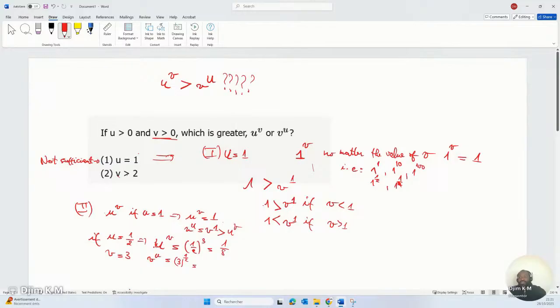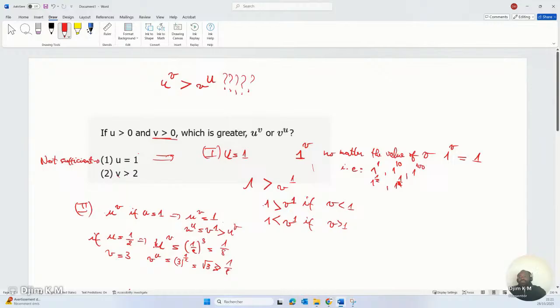And this will be the square root of 3, which is less than 2. So it's 1 something, but this is still greater than 1.5. So that's when u is less than 1.